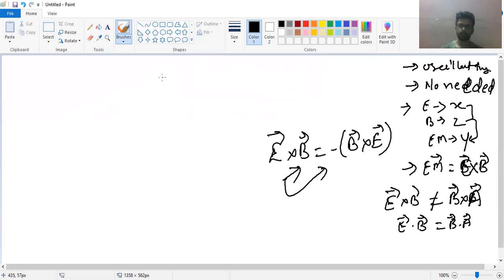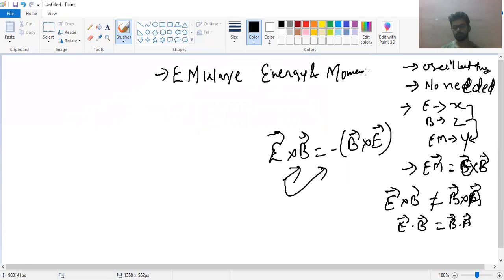So now we will consider the fifth property of electromagnetic waves. Electromagnetic waves will carry energy and momentum, obviously. Can we directly answer what is the energy of an electromagnetic wave? No. Why?